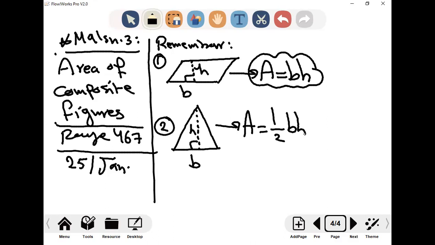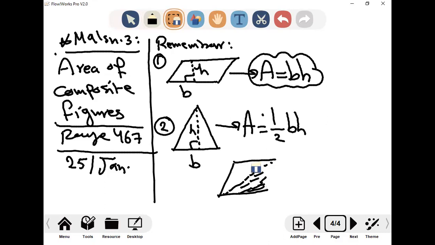The area of the parallelogram is BH, right? And this half BH means the triangle is half the parallelogram. Yani any parallelogram, if you find the half of it, you have a triangle. So the area of the triangle is half the area of the parallelogram. If the area of the parallelogram is BH, the area of the triangle is half BH. Done?